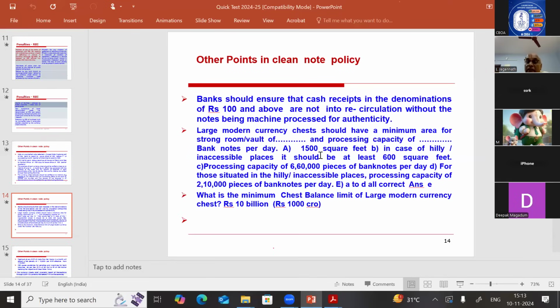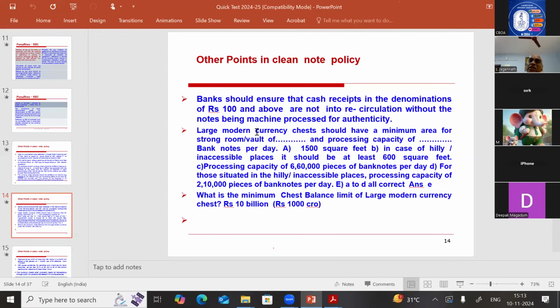In the case of a hilly area, the capacity to sort the notes is 2,10,000 pieces per day. It is also called a large modern currency chest. So A is correct, B is correct, C is correct, D is correct. Based on the area and the number of pieces processed, the large modern currency chest is defined by RBI.